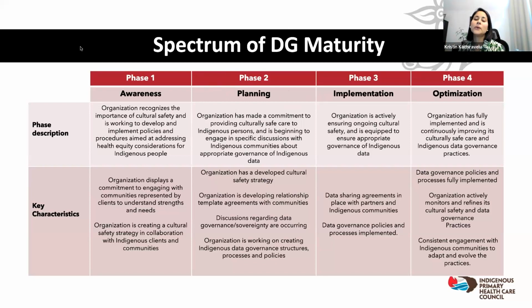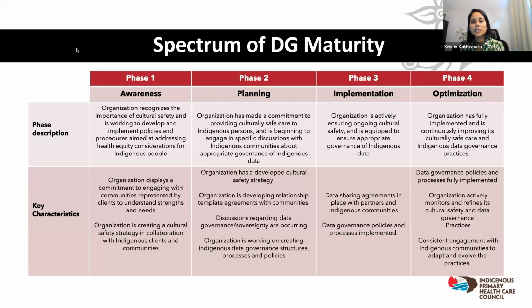So what I want to hear from you is what phase you feel your organization is at with respect to data governance maturity. Phase 1, your organization recognizes the importance of cultural safety, and it's working towards developing and implementing policies aimed at addressing health equity considerations for Indigenous people. Phase 2, we call that the planning phase. Your organization has made a commitment to providing culturally safe care and is beginning to engage in specific discussions with Indigenous communities about appropriate governance of Indigenous data.